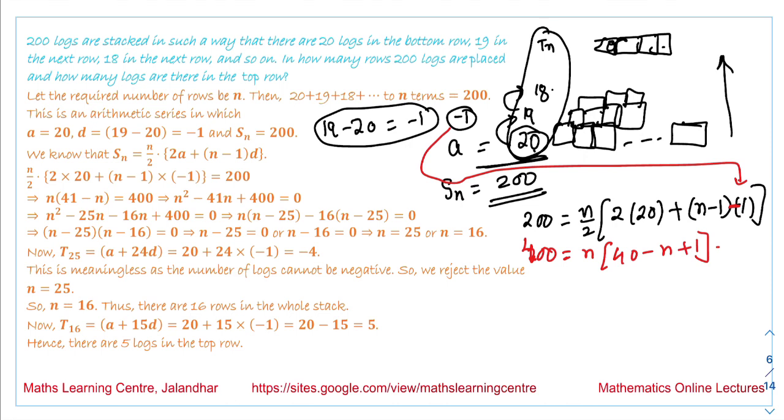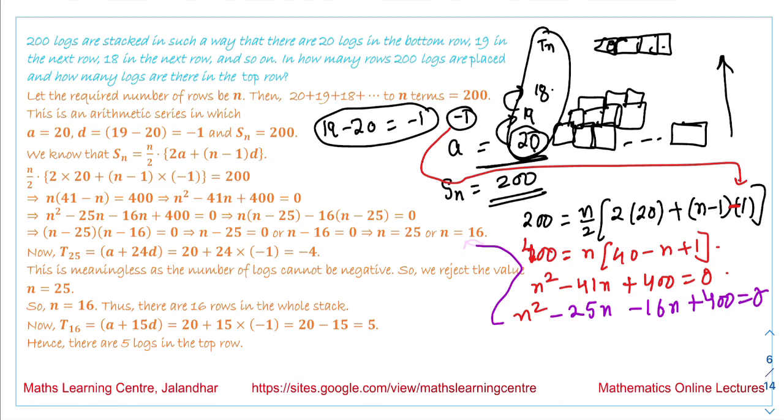On solving this, you will get the equation n square minus 41n plus 400 is equal to 0. Splitting the middle term, it is n square minus 25n minus 16n plus 400 equals 0. After solving this, you will get the value of n as 25 and 16.